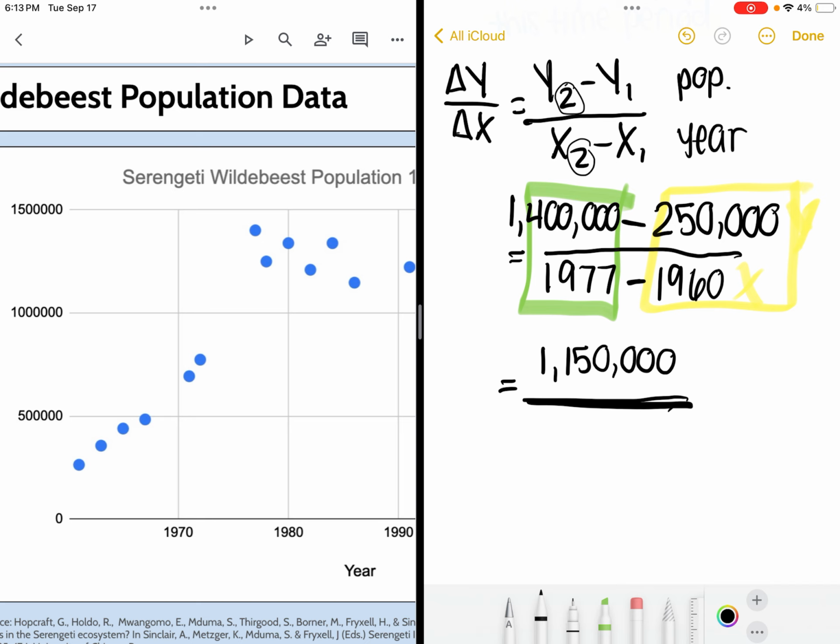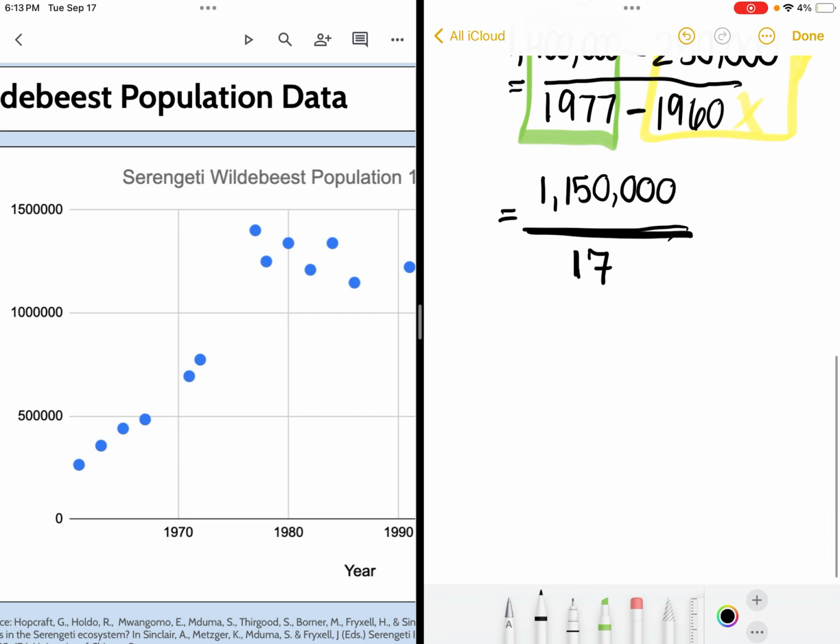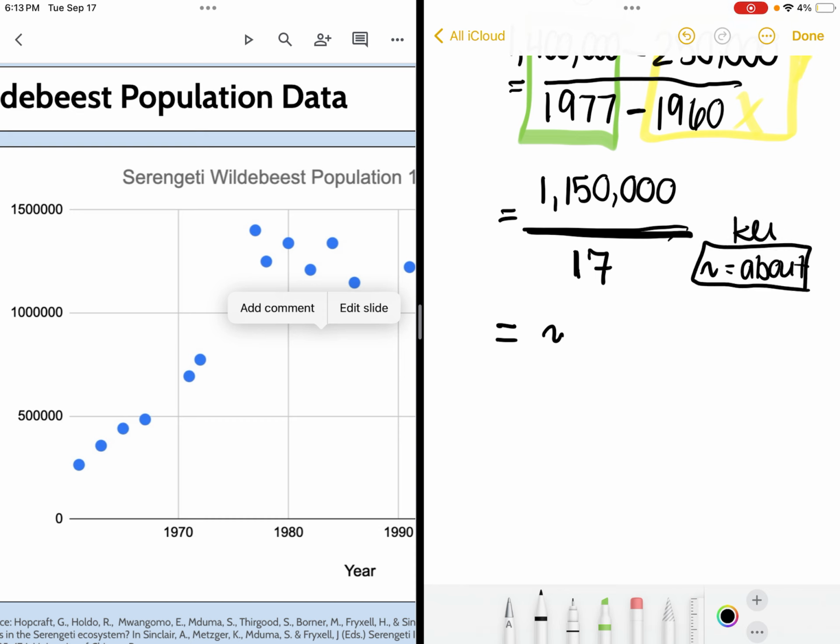That gives us a number of 17. When you simplify that further in your calculator, you're going to get approximately, if you don't know that this symbol means about, write that down. That's going to be key. So we're going to get about 67,647 wildebeest per year.